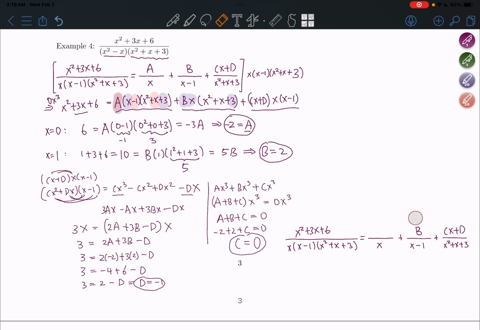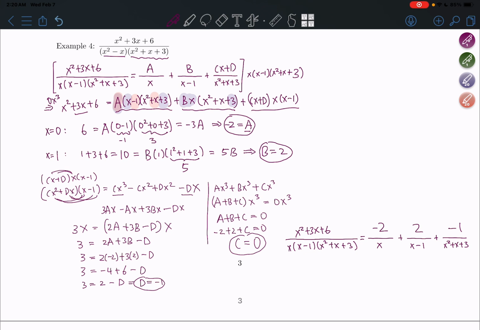So a is equal to negative 2, and b is equal to 2. C is equal to 0, so 0x, and then d is negative 1. So that right there is the right answer. And this time I believe this is correct.